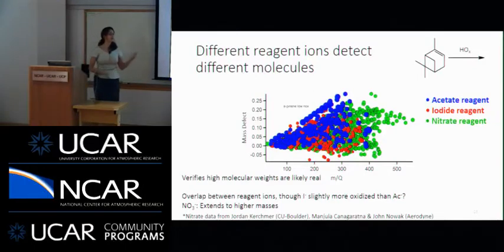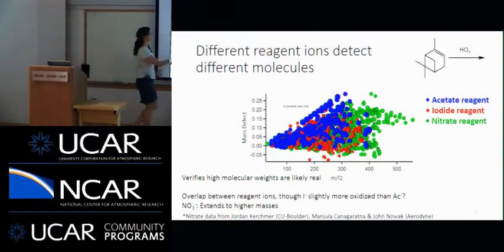With acetate, we can see acrylic acid and methacrylic acid. With I-, we can only see acrylic acid. We can't see methacrylic acid, and we have no idea why. But there are dots that we see with one type of reagent ion that we don't see with the other. So we verified that these high molecular weight species seem to actually be there.